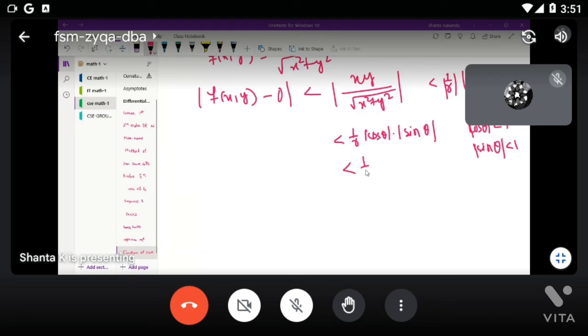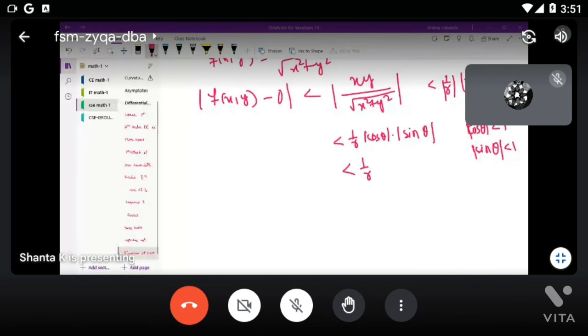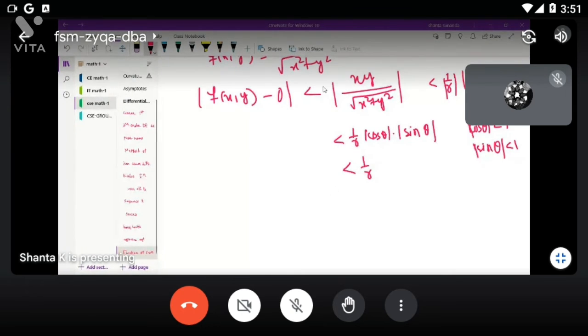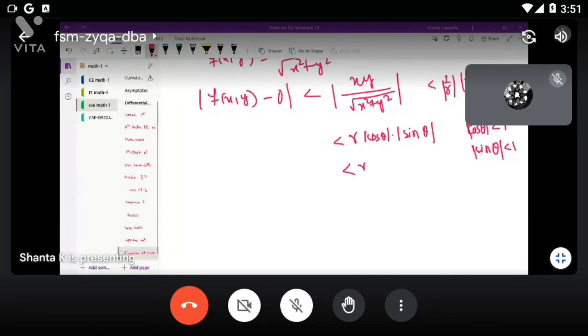This is less than 1, we can make it r. Once we have it in r, yes, sorry, it's r, not 1 by r. So if you want, you can consider r as your epsilon. Okay, it's up to you.